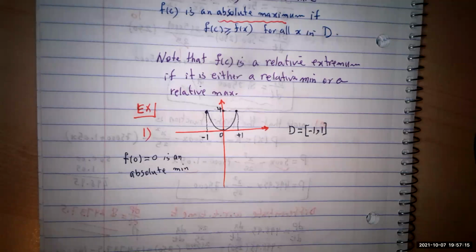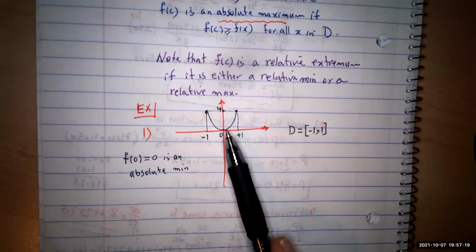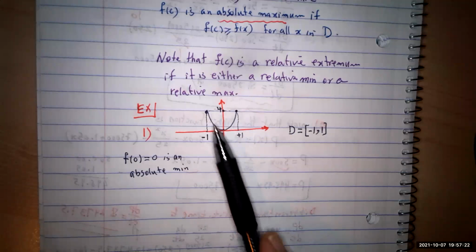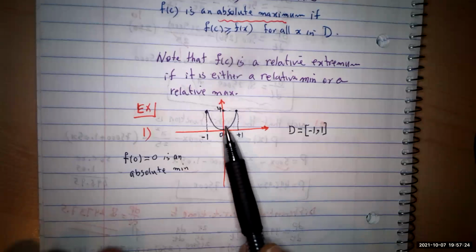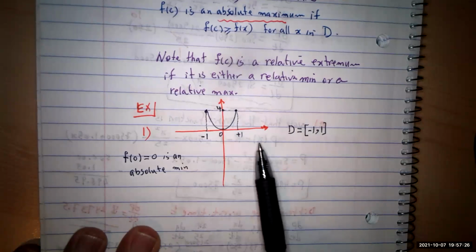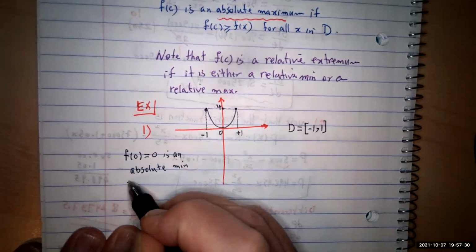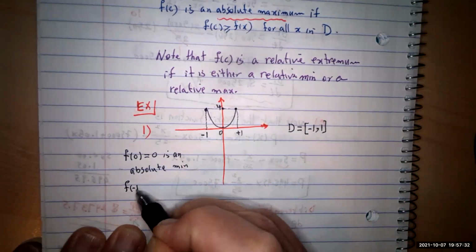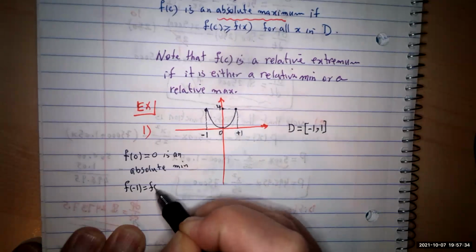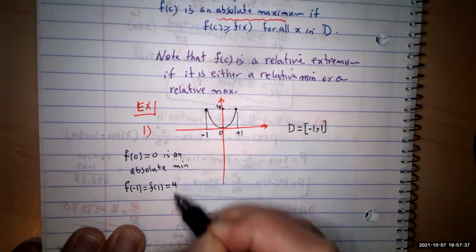What's the maximum? 4. 4 is the peak of your function. You're not going to go above the 4. And how are we going to get the 4? You get the 4 at -1 and +1. So we can say that f of -1 equals f of 1 equals 4.